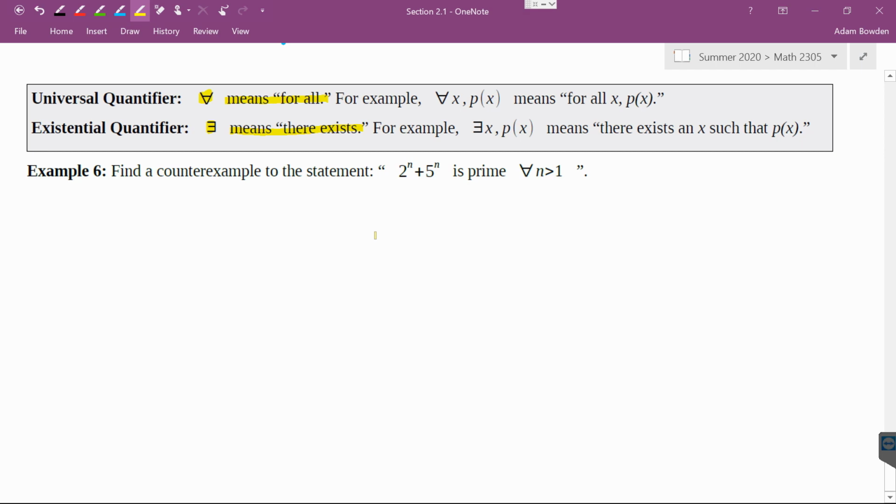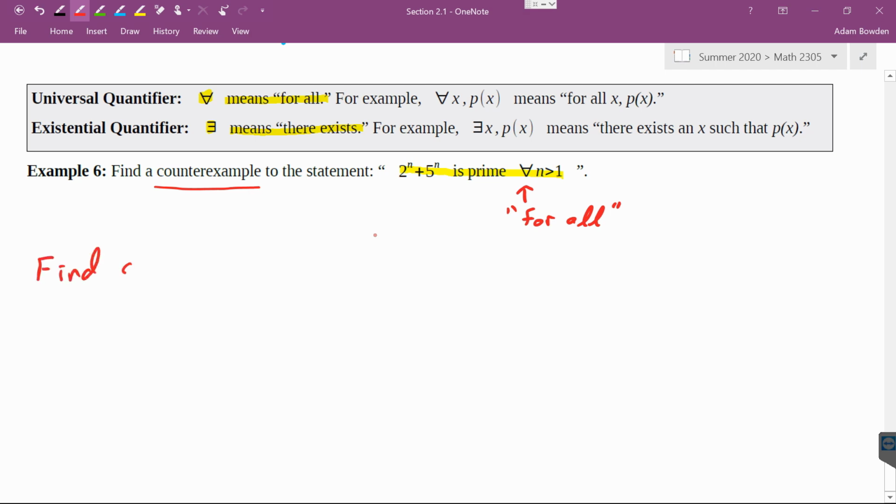So here's a situation where we'll find a counterexample to the statement 2 to the n plus 5 to the n is prime for all n greater than 1. So that's what that symbol is going to stand for here. Okay, and so in order to consider something that goes counter to what this says, we just have to find one thing that does not agree with this proposition.